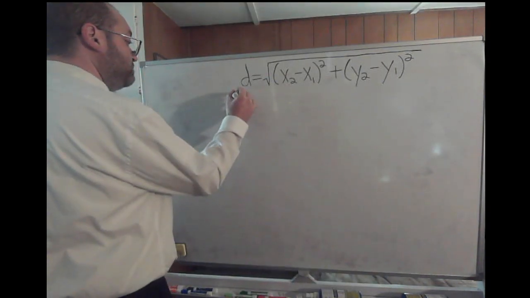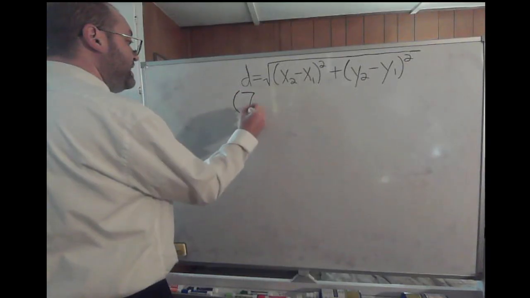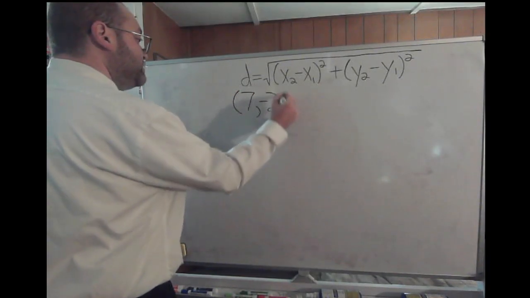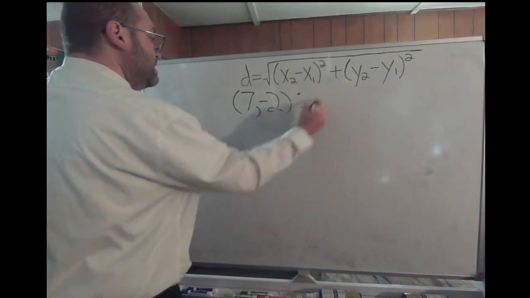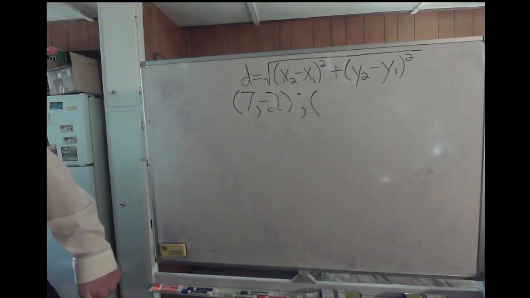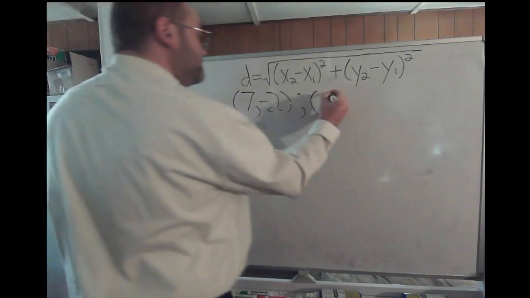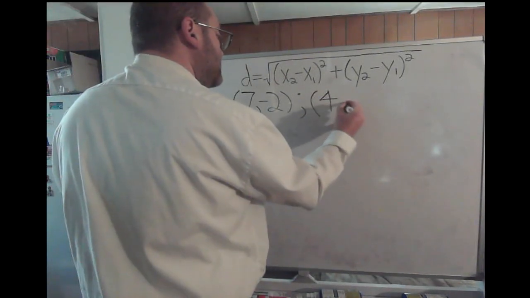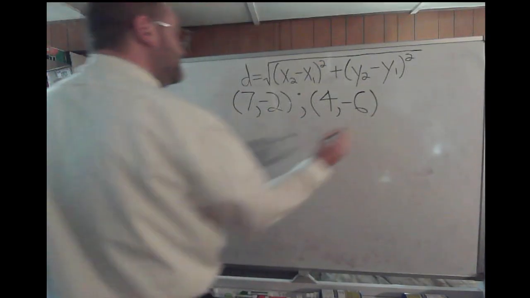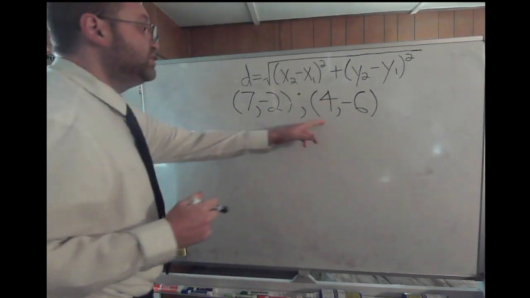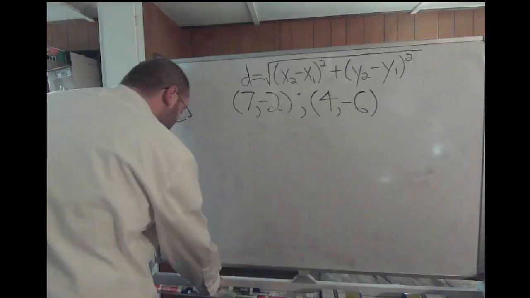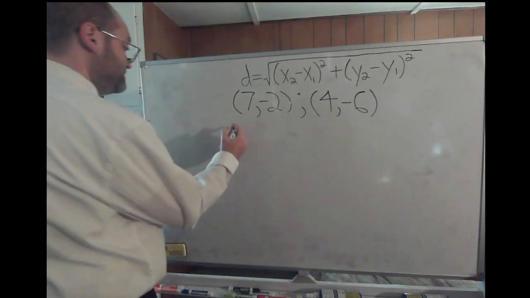All right, last one here. We have (7, -2) and then we have (4, -6). So let's take the distance between (7, -2) and (4, -6). So set up our distance formula here.